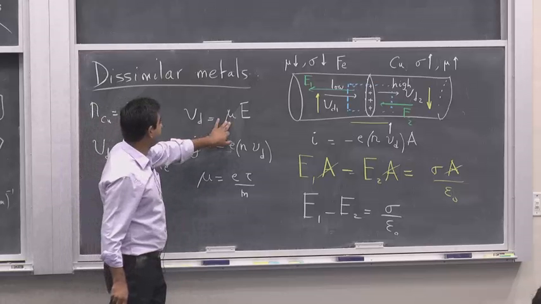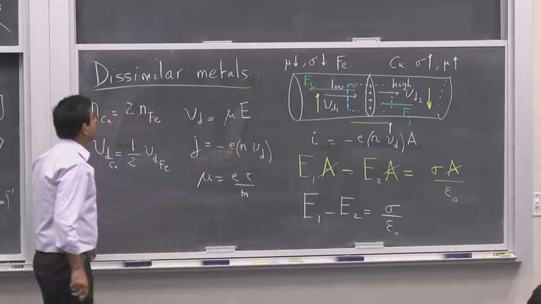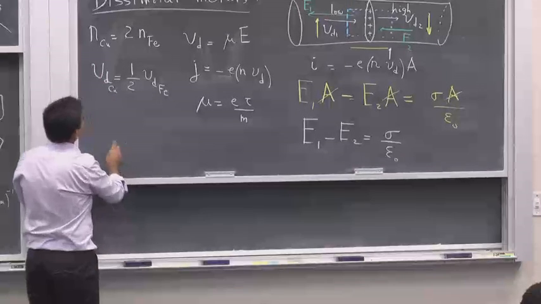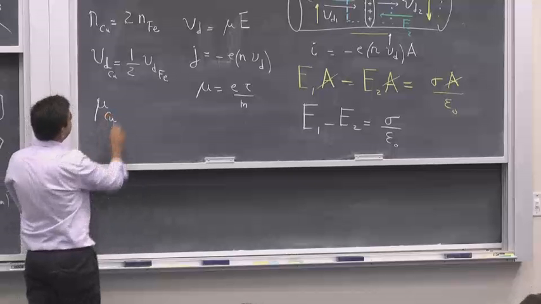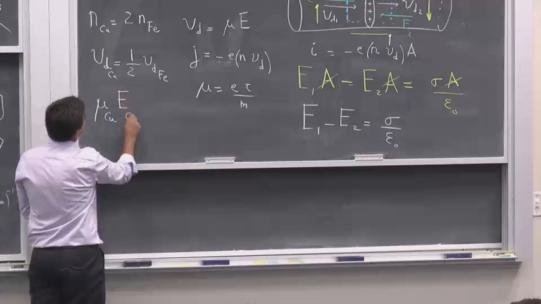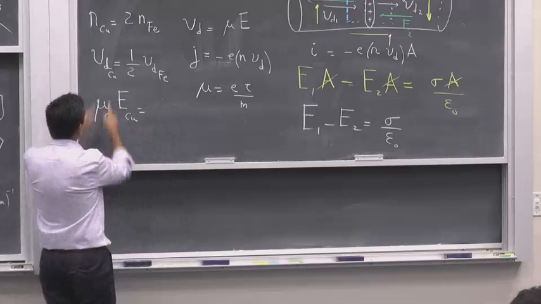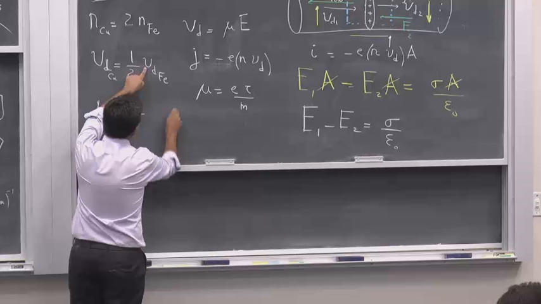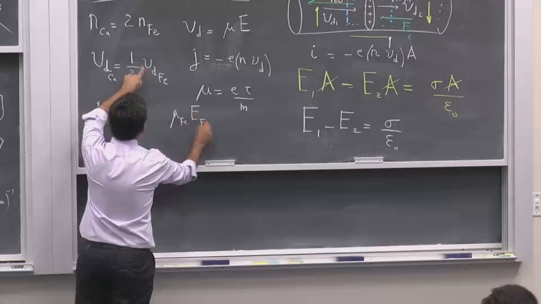Using the mobilities, we can find out the ratio of the electric fields. The ratio of the electric fields is such that mu of copper into the electric field inside copper is, now this is the drift velocity in copper. The drift velocity in iron is mu in iron, the electric field in iron, and this half comes in here.